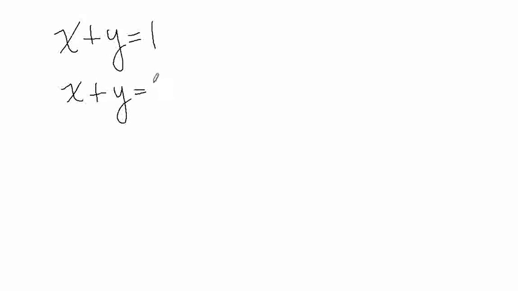Let's do another example. x plus y equals 1 and x plus y equals 2. And suppose we wanted to know if (0, 1) is a solution of that system of linear equations.